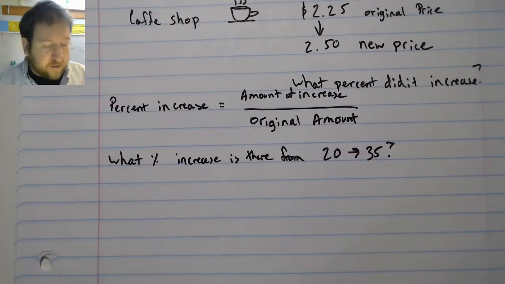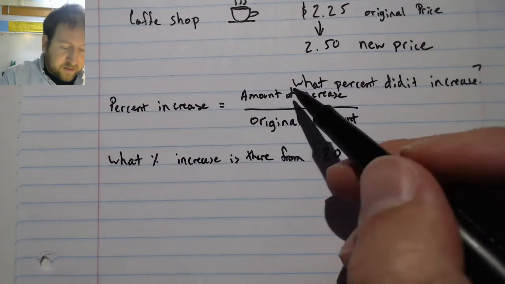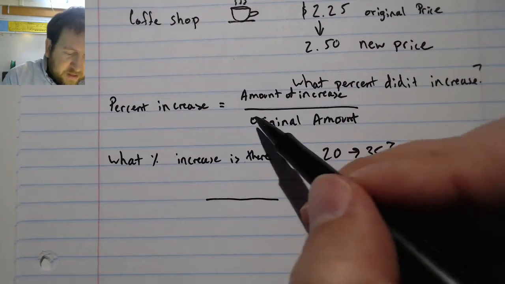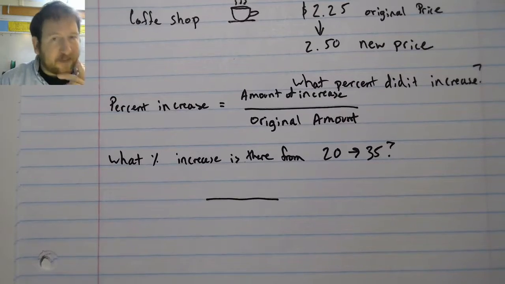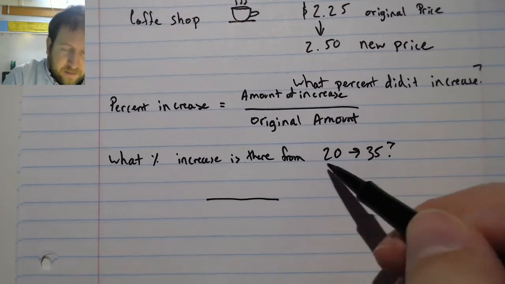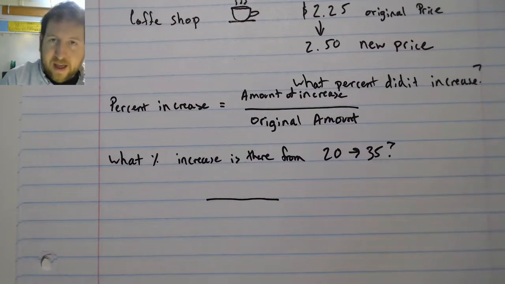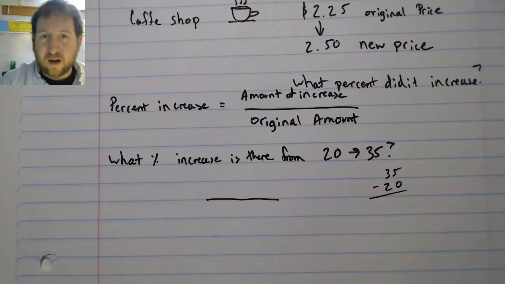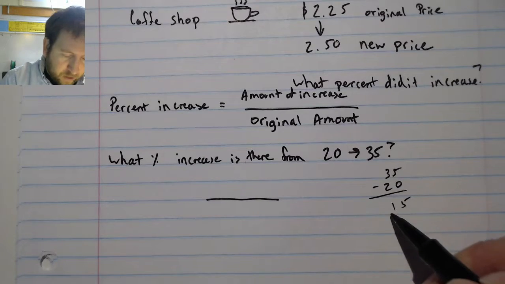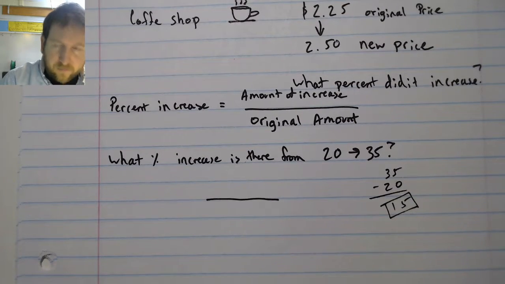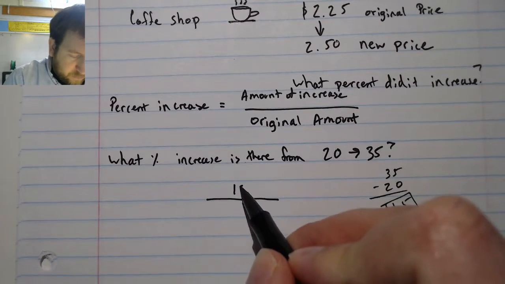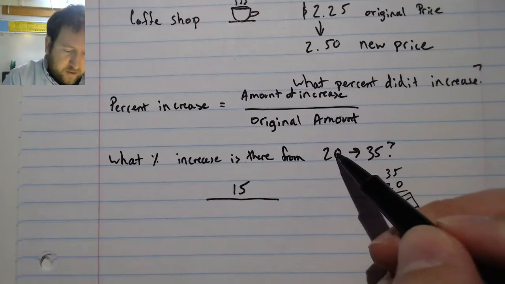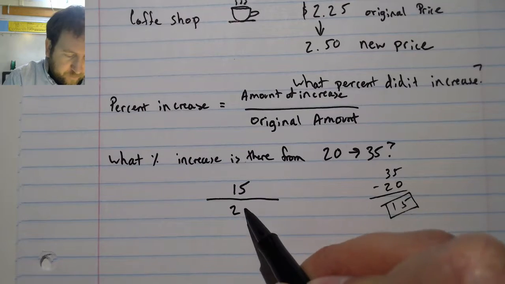All right, to do this, all I'm really going to do is plug in the things that I know in this formula. First I need the amount of increase. To find out how much it increased, I'm going to subtract these two things. Well, it ended at 35, and it started at 20. So it increased 15. The original amount that I started with was 20.